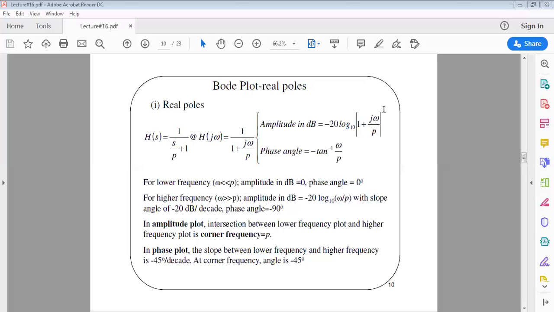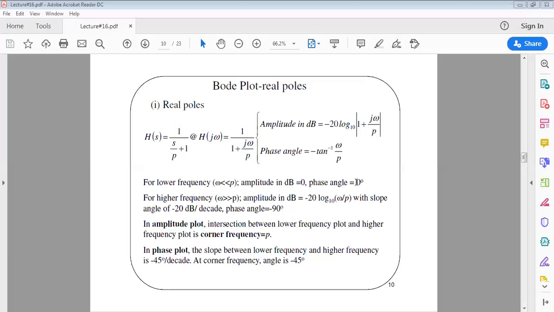We can assume that j omega divided by p will be 0, left only with 20 log of 1, and this will lead to 0 dB. Also, if omega is much lower than p, the ratio omega divided by p is relatively equal to 0, so arctangent of 0 will be 0.